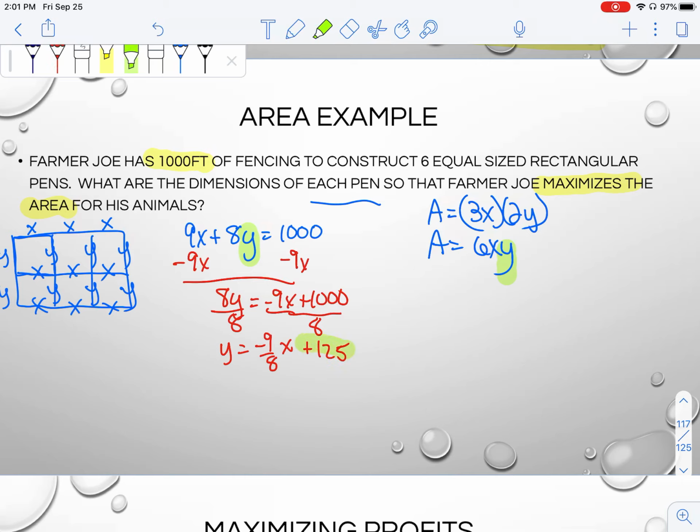So I'm going to substitute this expression, plug that right in for y here, and that should give me a quadratic equation. So let's take a look.